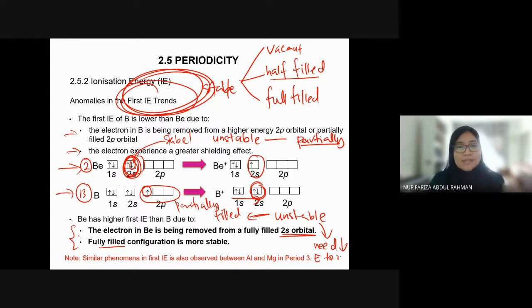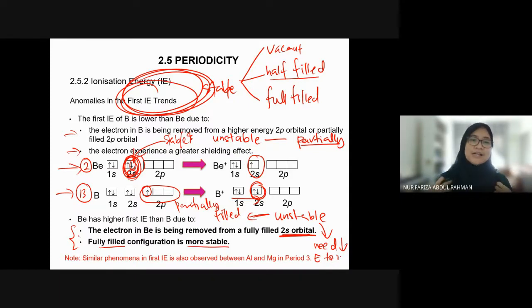Ada, all the contents are there. So you still dapat markah yang sama kat situ. So you dah ada 2s orbital, ni kan dia cakap 2s orbital, so you have label the orbital 2s. There you go. And then stable, dia cakap dekat sini is more stable. You dah label here stable. So you have everything in there, cuma in the form of orbital diagram.